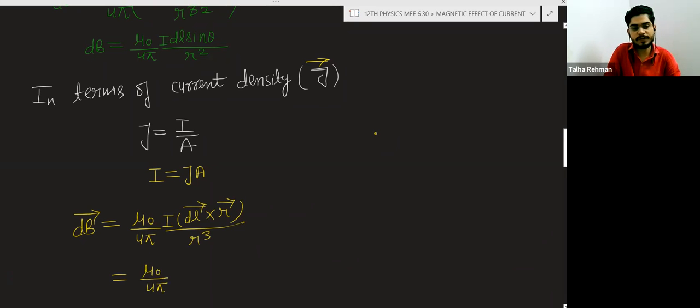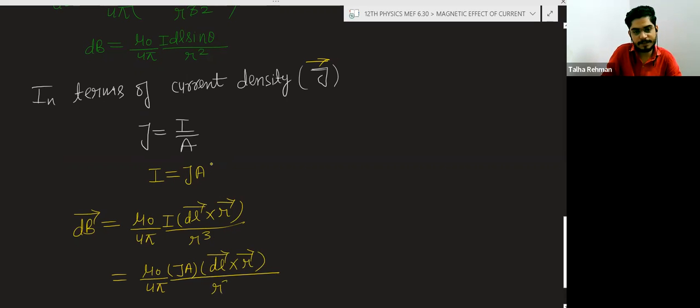Instead of the current, I put JA from here, and the same thing, dl cross r, and in the denominator r cube.